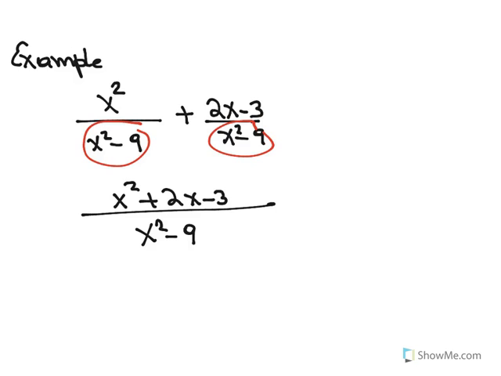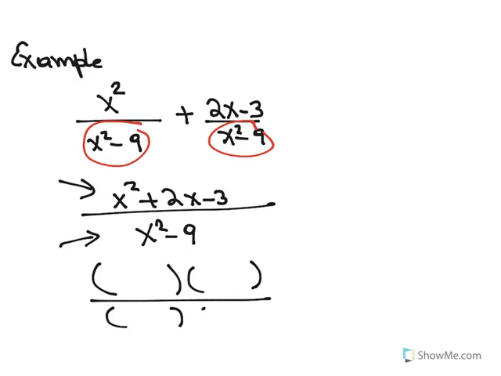Okay, I need to reduce that, so I'm going to see if I can simplify the numerator and the denominator. Let's look at the numerator. The numerator is a trinomial. I have to find two numbers that multiply to give me negative 3, so they're going to have different signs, and I think plus 3 and negative 1 will do it.